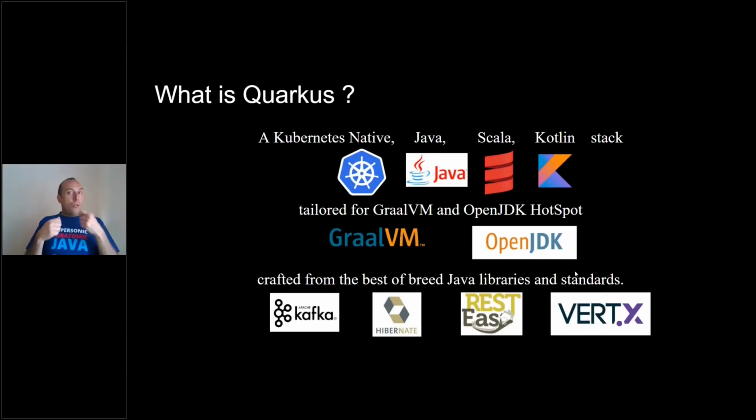So if you are comfortable using Kafka or Hibernate or RESTEasy, Vert.x, JAX-RS, several standard libraries, do not learn new tricks. Just stick with those technologies, and Quarkus will adapt to that.